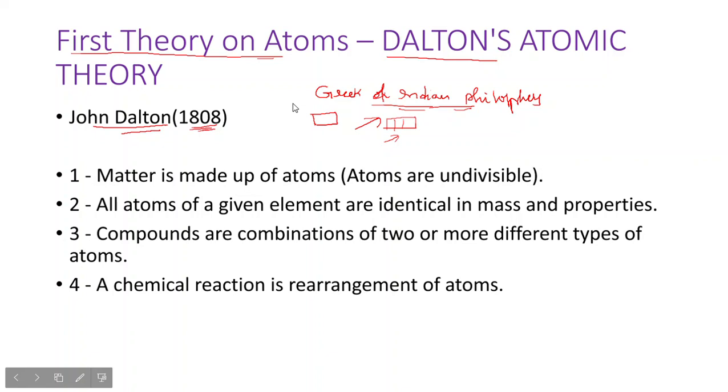But it was John Dalton who in 1808 did a scientific study and came to the conclusion that matter is made up of atoms. With some proof, he concluded that matter is made up of atoms, and he said that atoms are indivisible. If indivisible, they cannot be divided.